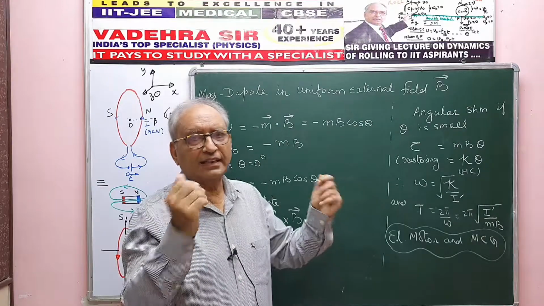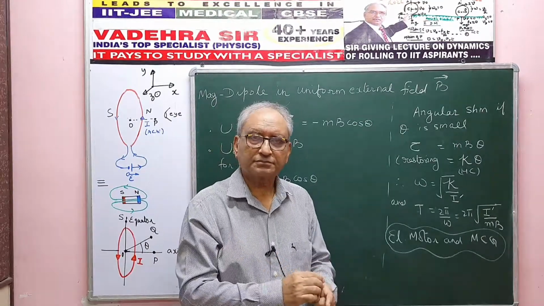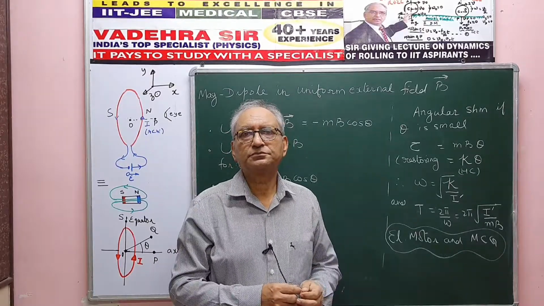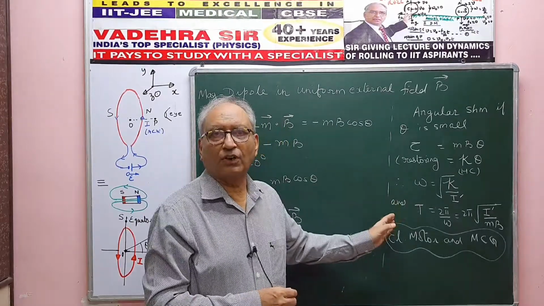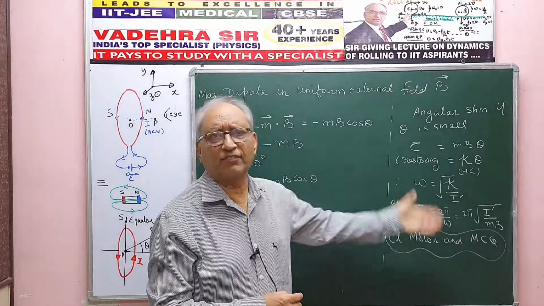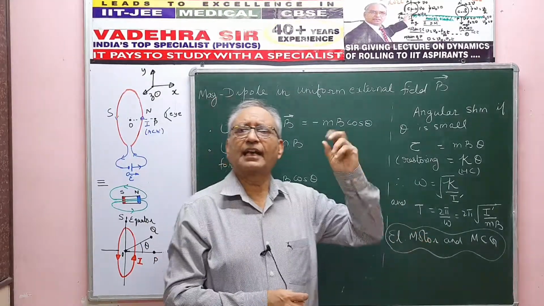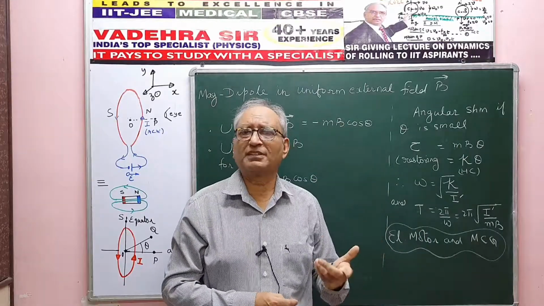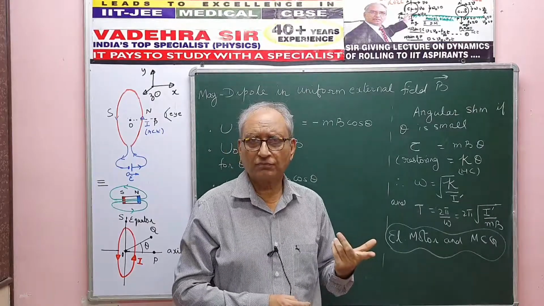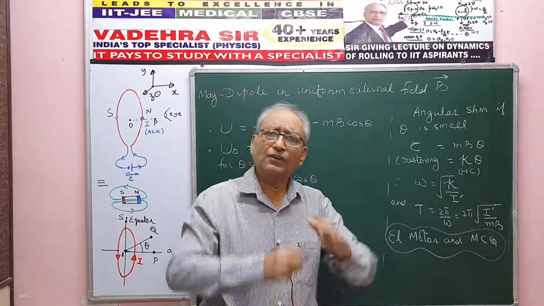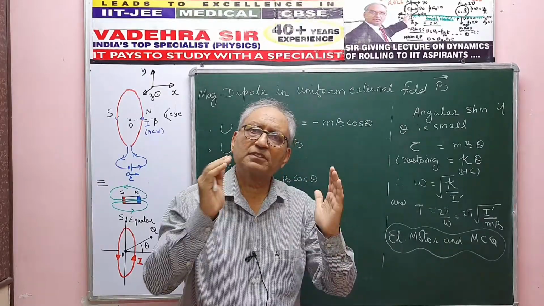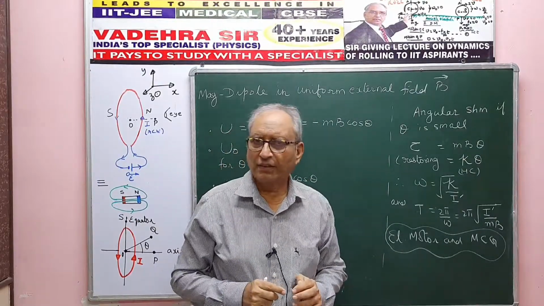Only thing is that in the case of the moving coil galvanometer, the restoring torque is going to be opposed. This torque I can call a deflecting torque, because if the coil is deflected in the field, then I can have the coil suspended from a suspension fiber, and there will be a twist in the fiber, and a restoring couple will be set up. All that principle we will discuss in a complete video on the working principle of a moving coil galvanometer.